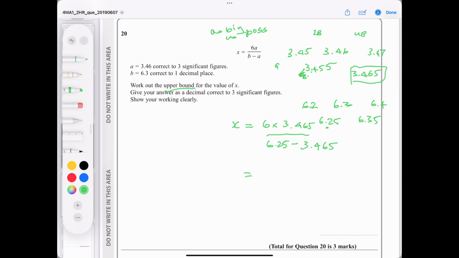It's 6 times 3.465 over 6.25 minus 3.465, and that equals 7.46, and that can go in there. So that's to 3 significant figures.